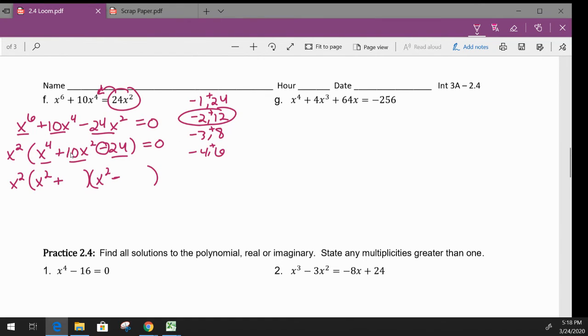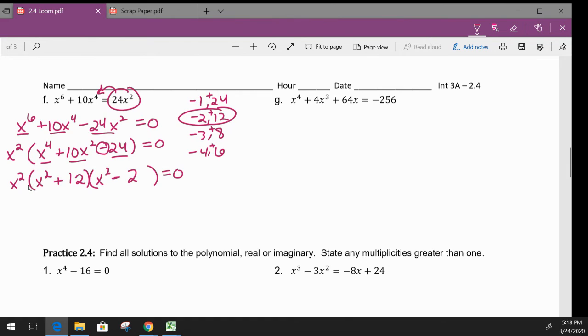Now, a lot of students see that 10 and automatically want to put 4 and 6 because they add up to 10. However, your signs must be different in order to multiply together to equal a negative 24. So you have to use 12 and 2, not 4 and 6. The positive 12 times the negative 2 is negative 24. 12 and negative 2 combined will give you a positive 10x squared in the middle. So again, if you were to multiply these binomials back together, it would equal what you started with.